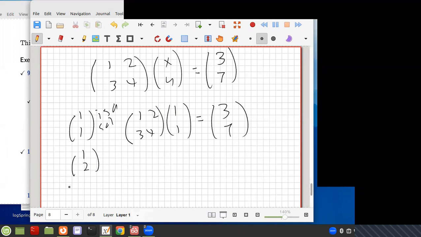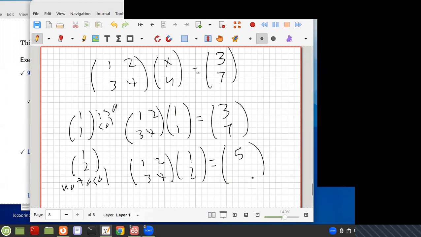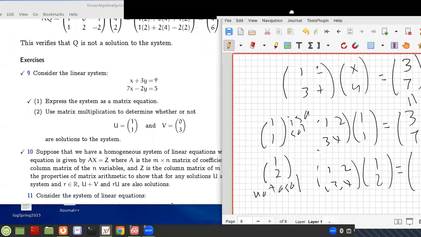This is not a solution, because if you check 1, 2, it equals 1 times 1 plus 2 times 2, that's 4 plus 1 is 5, and 1 times 3 plus 2 times 4 is 11, and this is not equal to this one, whereas these are equal. So that's one way to use the matrix equation to answer a question.